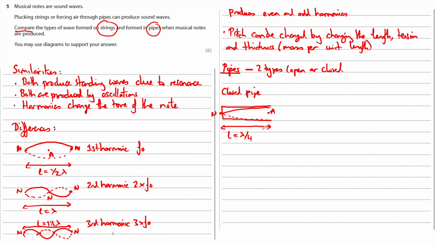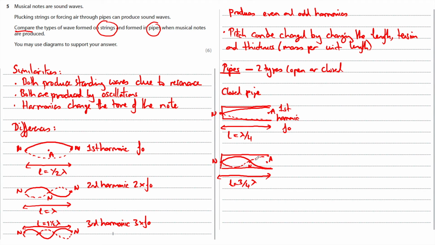And if we make that our first harmonic, I'll call that f0. The next one up, and this is where you need to practice it, is not the second harmonic, but the third harmonic, because if you put an antinode there, then you've got to have 2 nodes here to make that waveform the next resonant frequency, and that will be 3/4 of a wavelength.